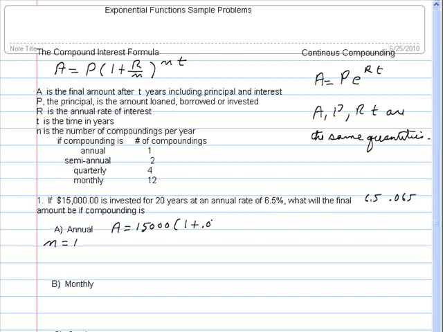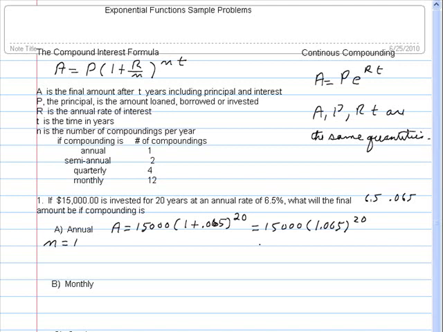So I'm going to say 0.065 to the, and this would be N times T. T is 20, but again N is just 1, so that's just to the 20. Now you could put it in your calculator like that, or you could take the 1 plus 0.065 and just change it to 1.065, to the 20.